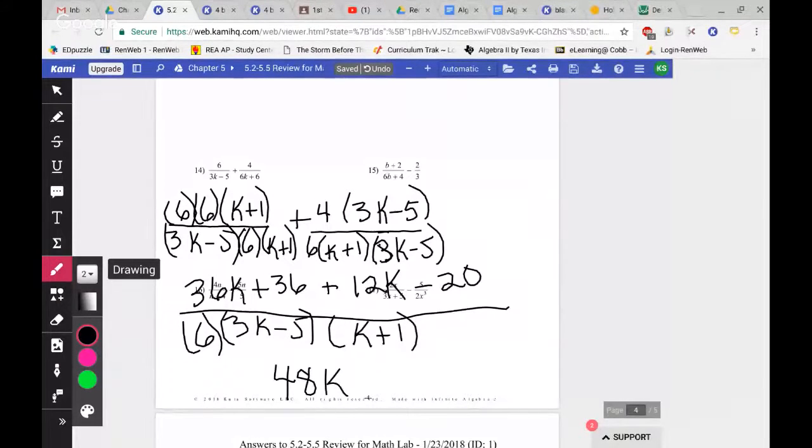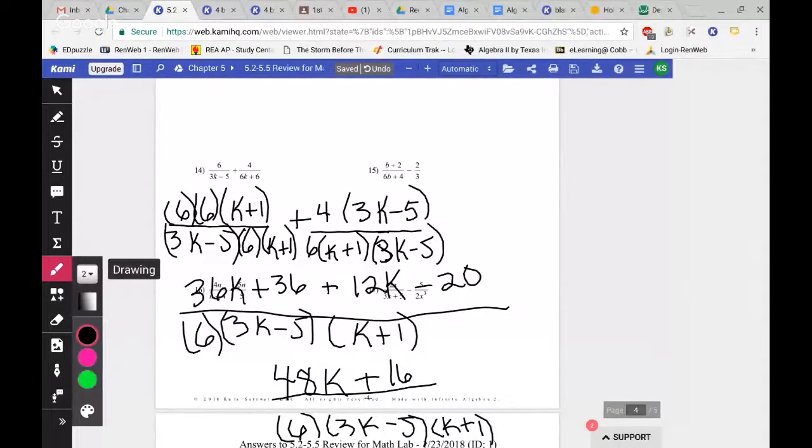And I've got a positive 36 minus 20, which is going to give me a positive 16 all over 6 times 3k minus 5 times k plus 1. Anybody recognize anything on that 48k plus 16?